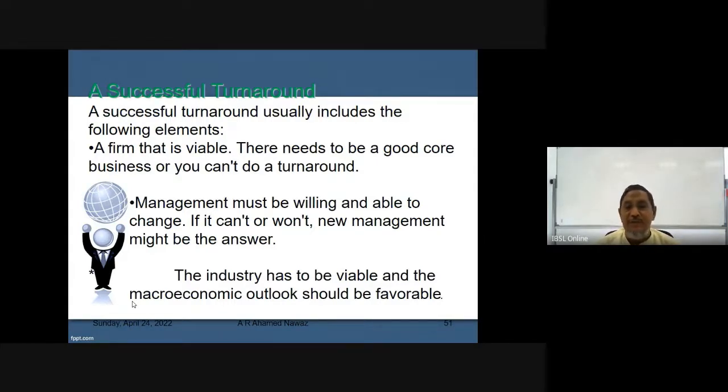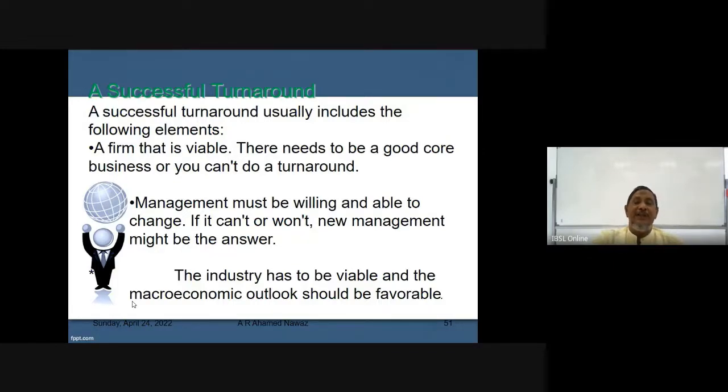Management must be willing and able to change. If it can't, new management might be the answer. So if the management is not agreeable to step down, the answer is putting new management into the business. The industry has to be viable and the macroeconomic outlook should be favorable.